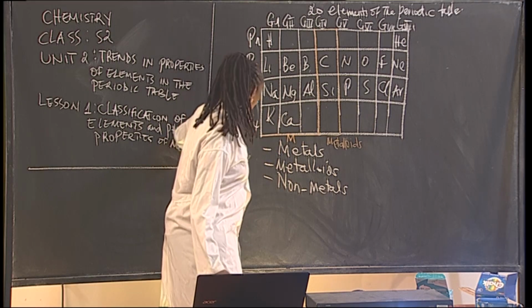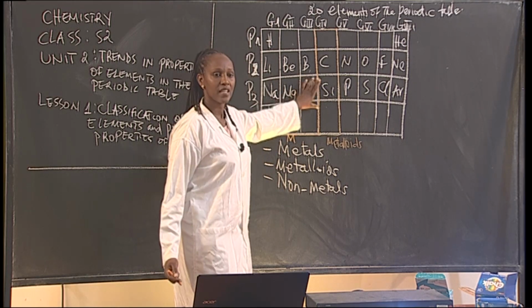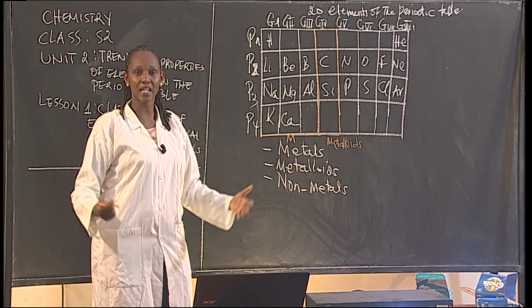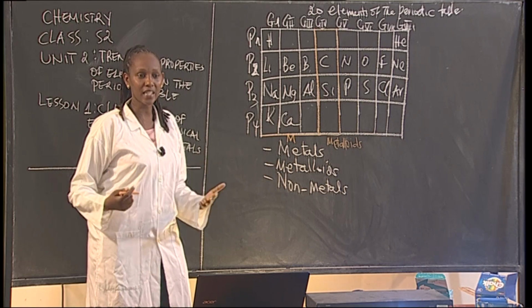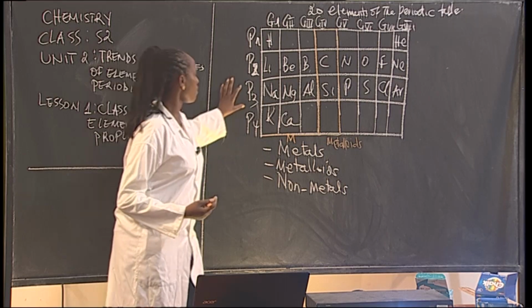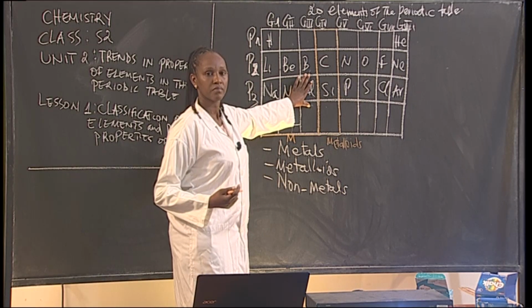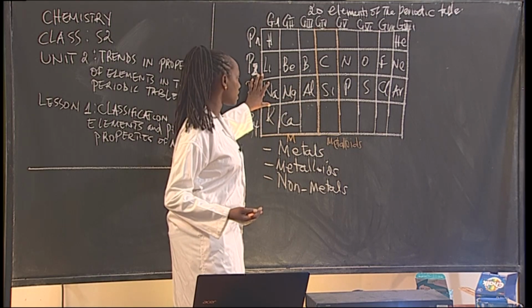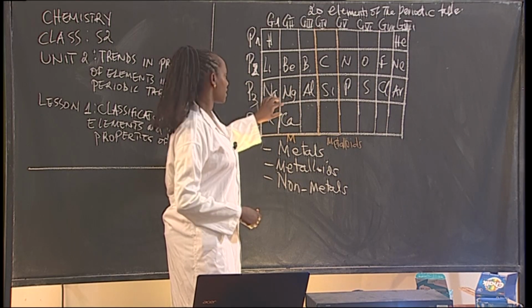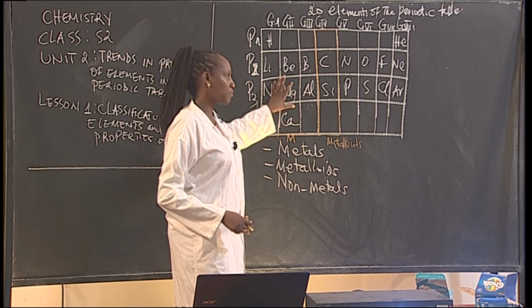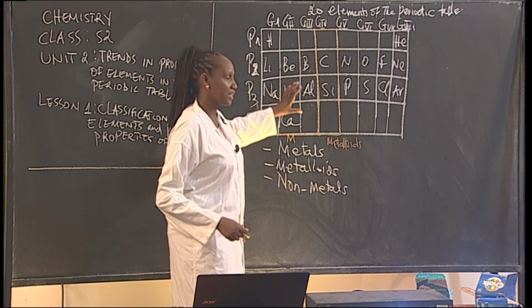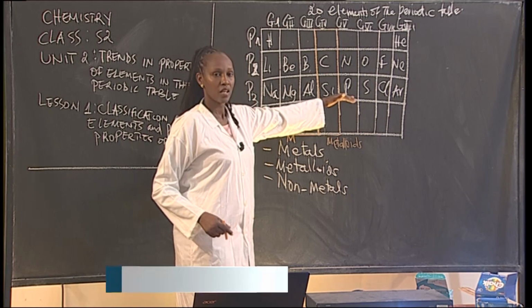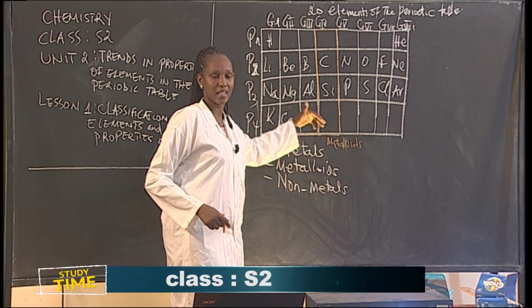When you move across a period, the metallic character decreases. What does it mean? It means that sodium is more metallic than magnesium, and magnesium is more metallic than aluminum. So when you move across a period, the metallic character decreases.